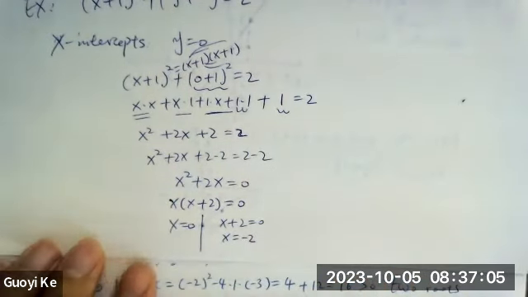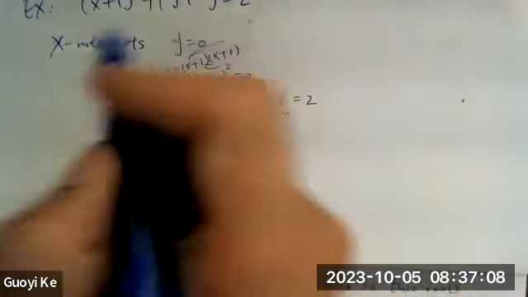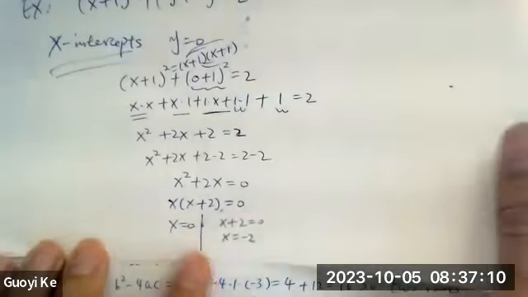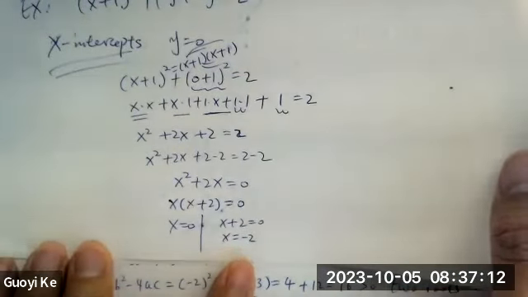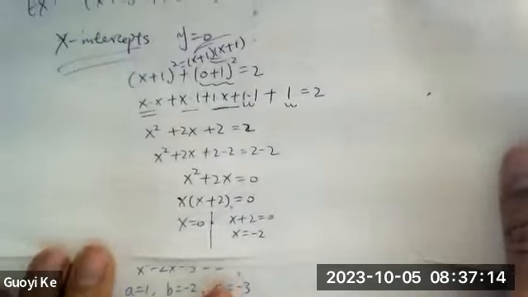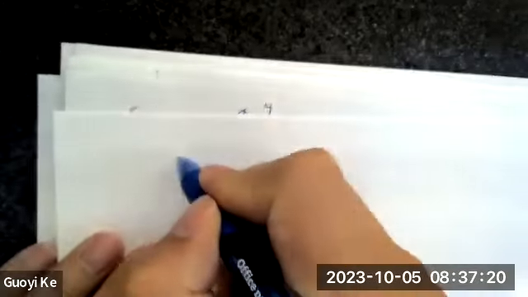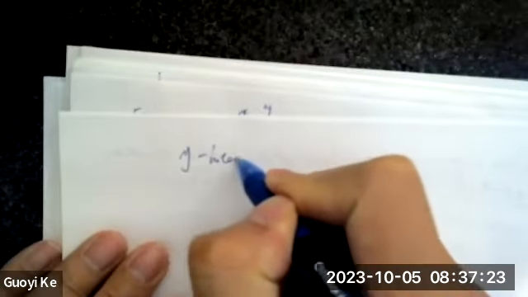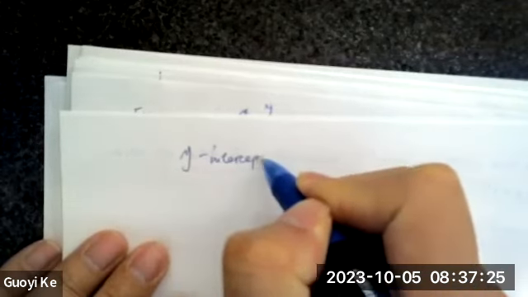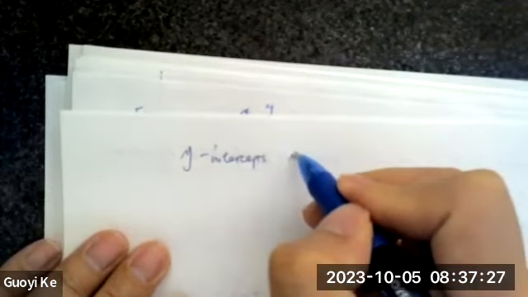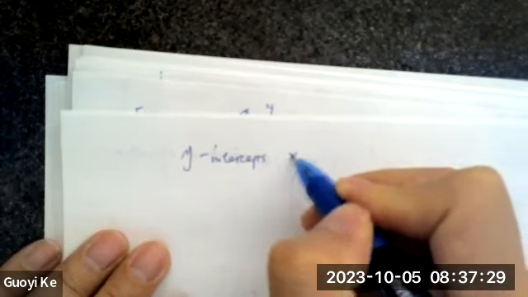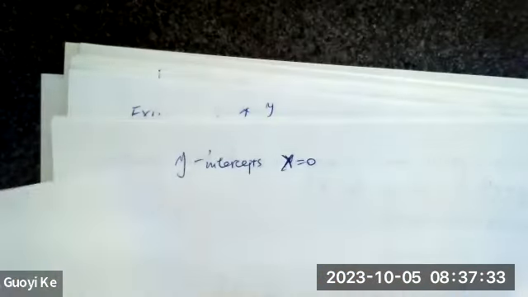So we have 2 roots. One is 0, one is -2. So we have 2 x-intercepts, x equals 0 and x equals -2. Okay. Now for the y-intercept, we let x equal 0, right?